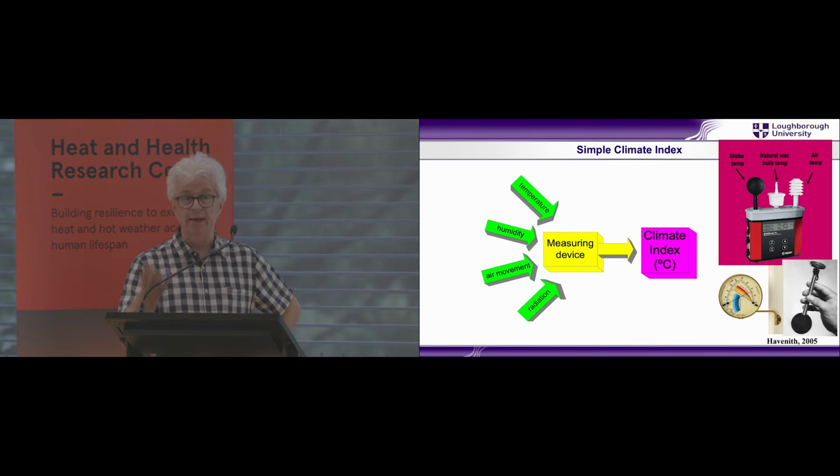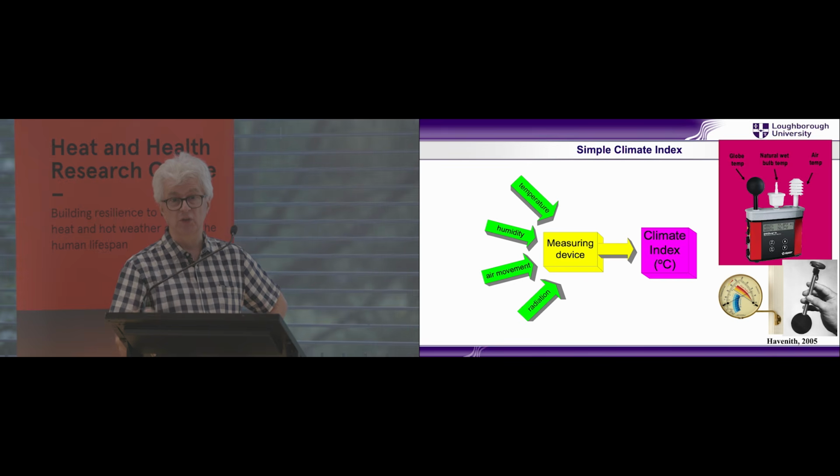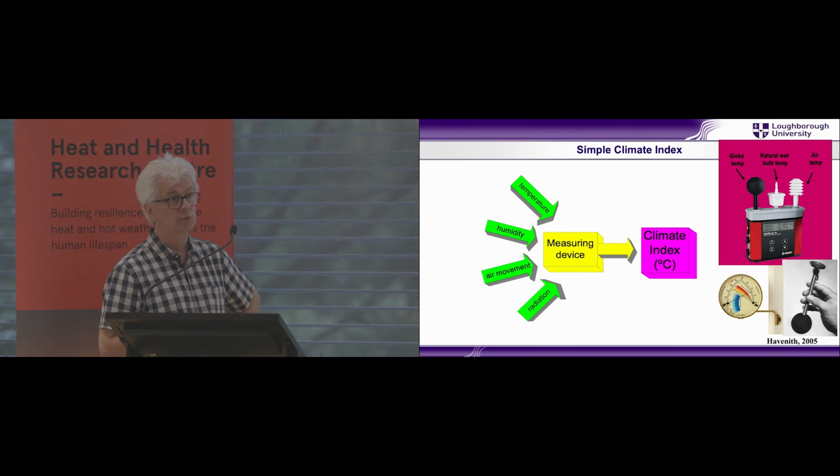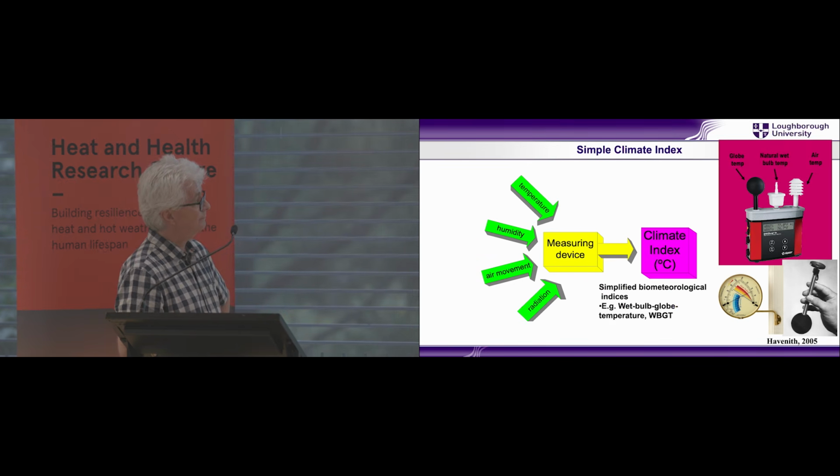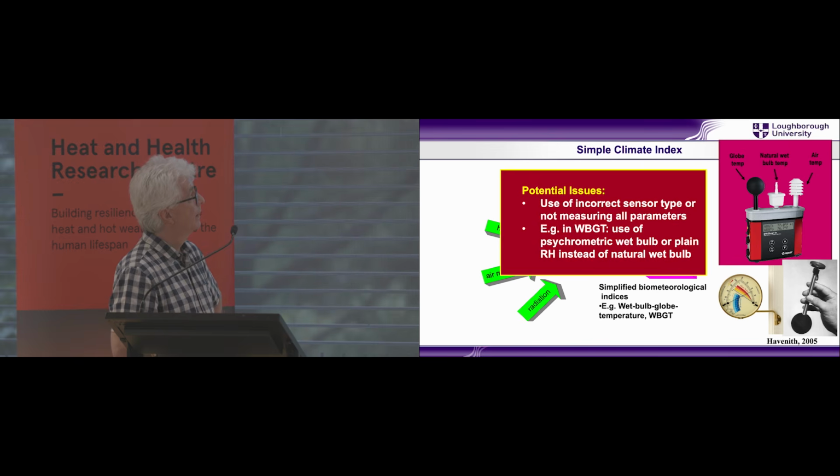And then you can go to a table and look up the expected heat strain or heat stress related to that value. So potential issues, I'll put the reminder in. Use of incorrect sensor type, or not measuring all parameters, often only temperature and humidity. And as I said, the psychrometric wet bulb is not a good replacement for the natural wet bulb.